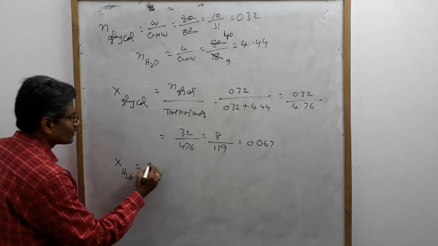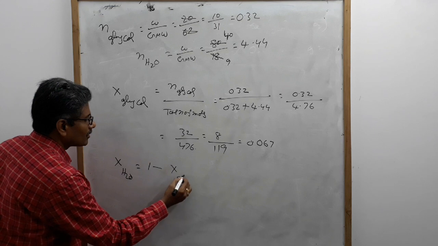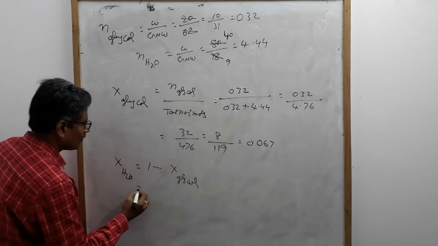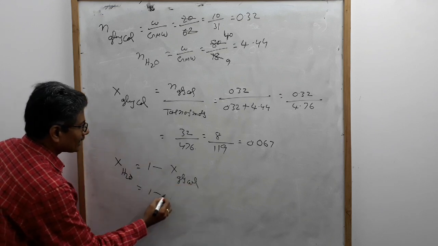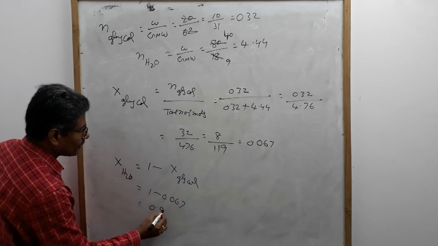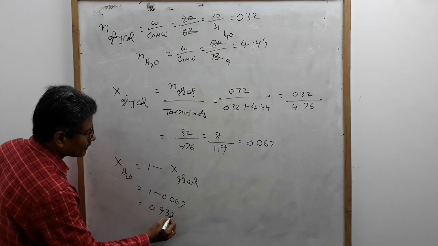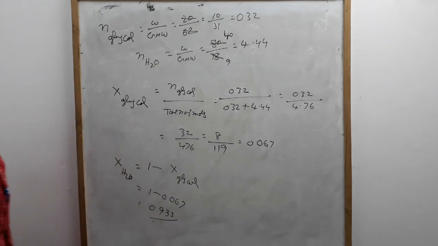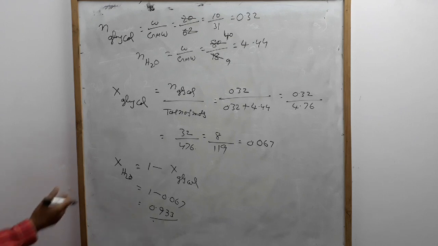Then mole fraction of water is equal to 1 minus mole fraction of glycol, which is 1 minus 0.067, equal to 0.933. 0.933 is the mole fraction of water. We can solve it like that. Okay? Note this one.